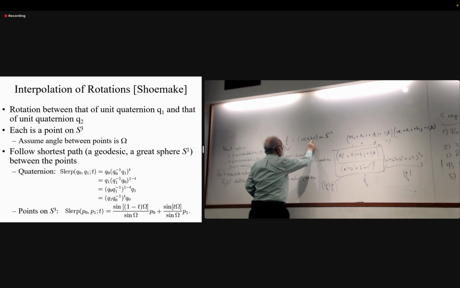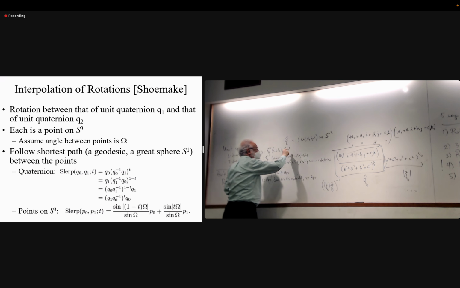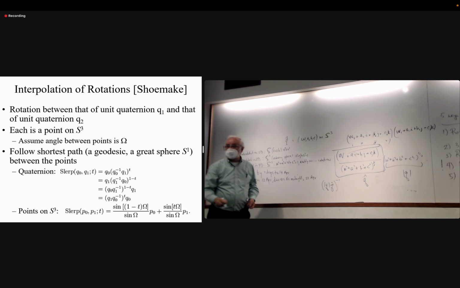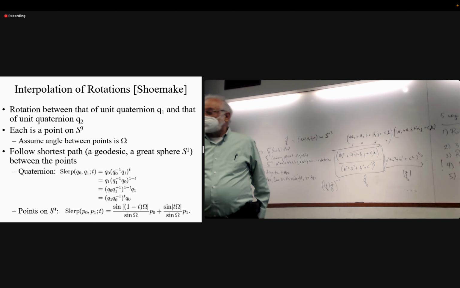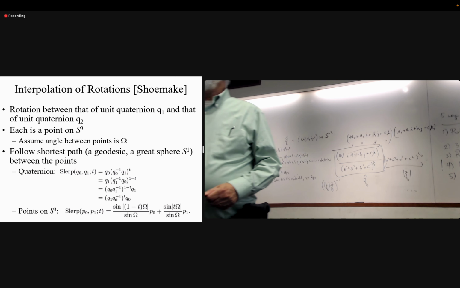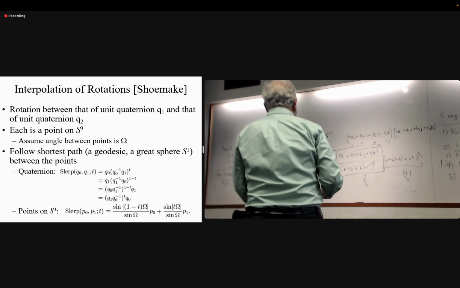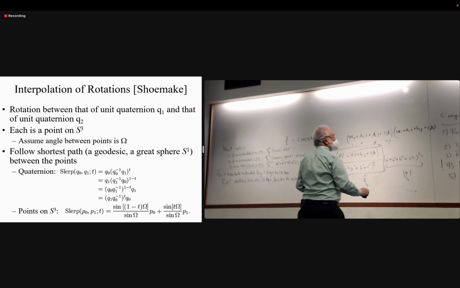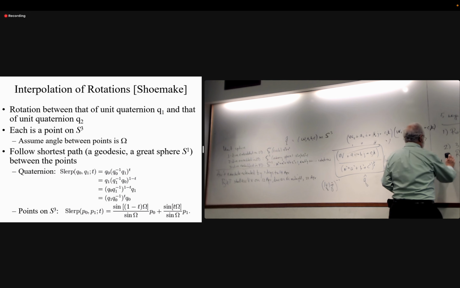It's either w, a, b, c interpreted as a quaternion or as the vector w, a, b, c on this three sphere.